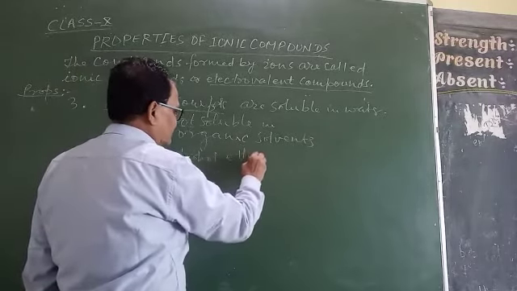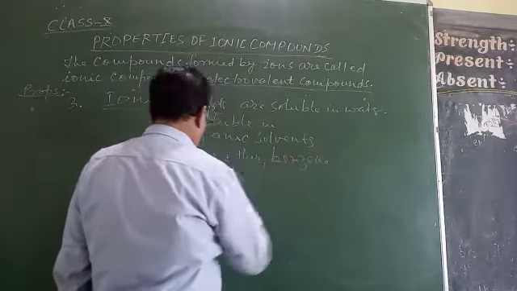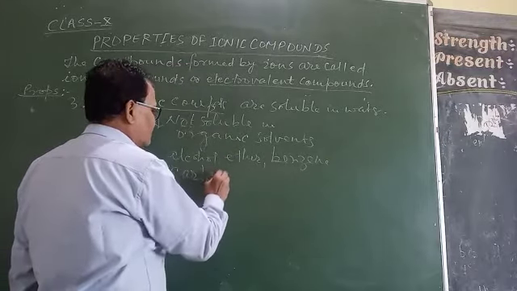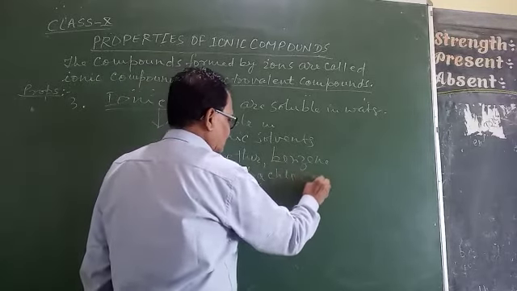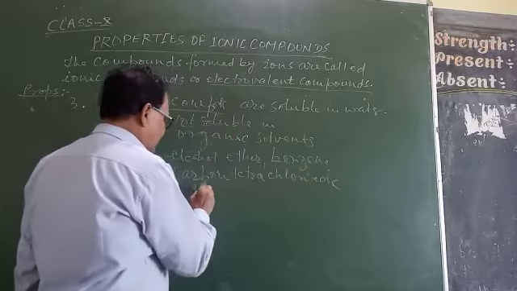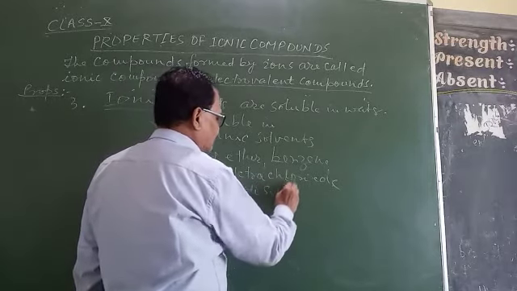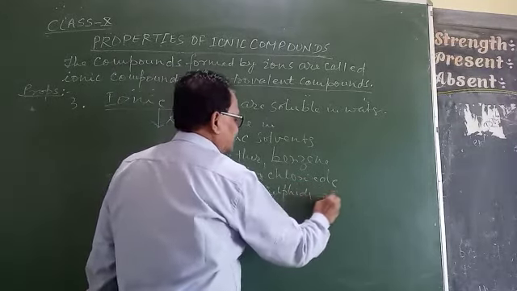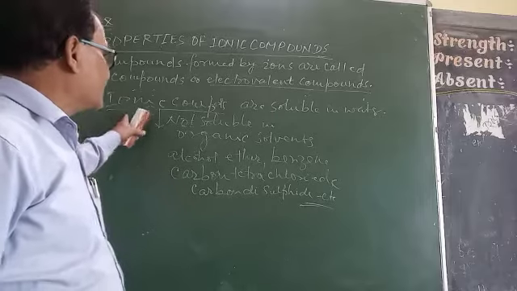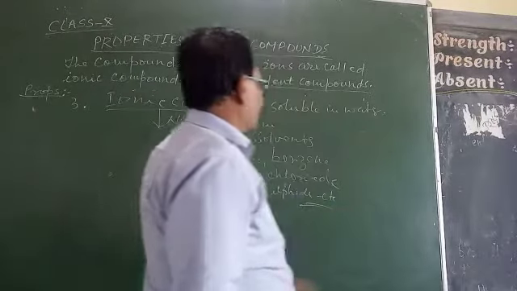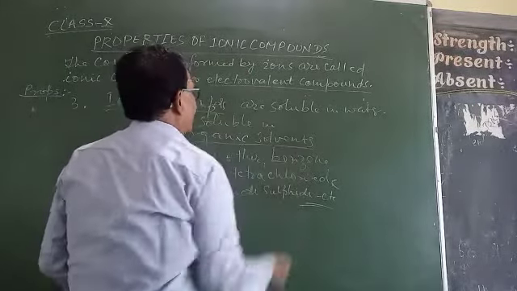ether, benzene, carbon tetrachloride, carbon disulfide, etc. It means we can dissolve an ionic compound in water only, but it is not possible to dissolve these compounds in organic solvents.